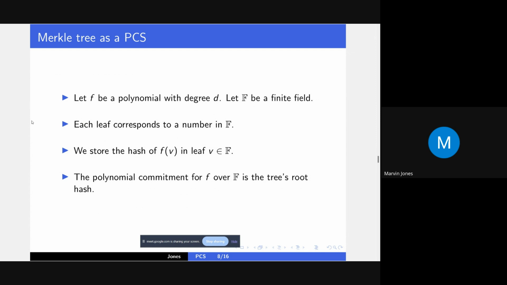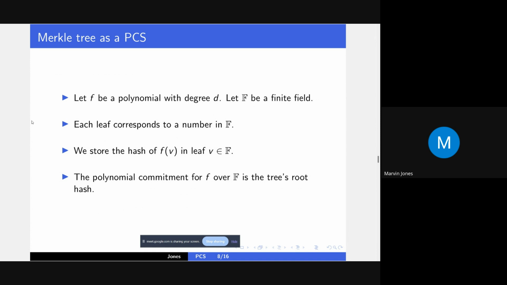What we're going to do is take a polynomial with some degree D over a finite field. Why a finite field? For this example, you really don't need it to be a finite field. It could be any finite set. My polynomial for Merkle trees doesn't have to be univariate, but it's going to make talking about it a little bit easier. The idea is that with a Merkle tree, I have a bunch of leaves.